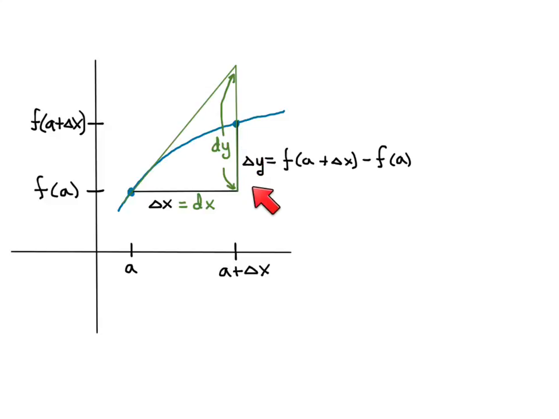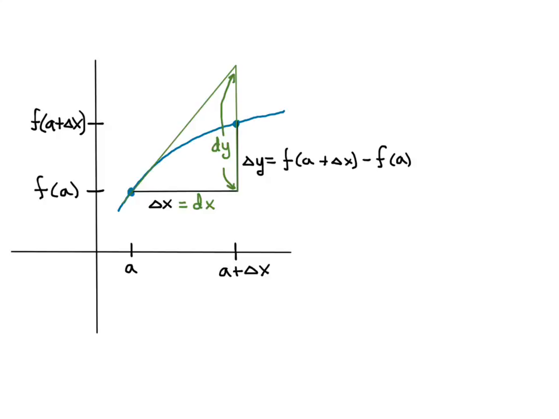And notice that it's not the same thing as delta y. Delta y is the exact value. dy is going to be our estimated value. And that's a little counterintuitive, right? Because when we were looking at the definition of a derivative, we were taking the limit as this little delta increment goes to 0, and then we got this differential element.